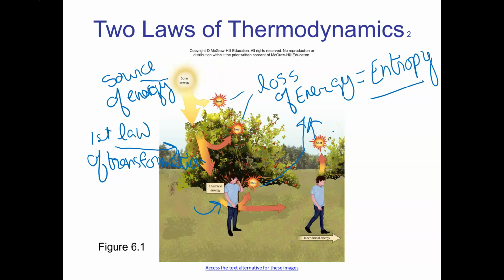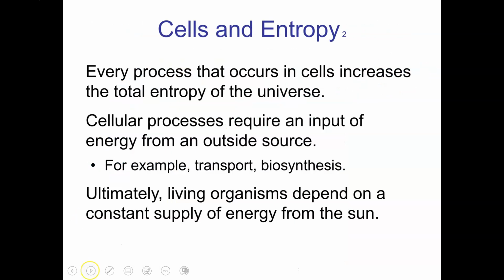So we're constantly transforming energy from one form to another, constantly losing energy and increasing entropy. Every process that occurs increases the entropy of the system, and every process that occurs also requires an input of energy. And as I said in the beginning, sunlight is our ultimate form of energy.